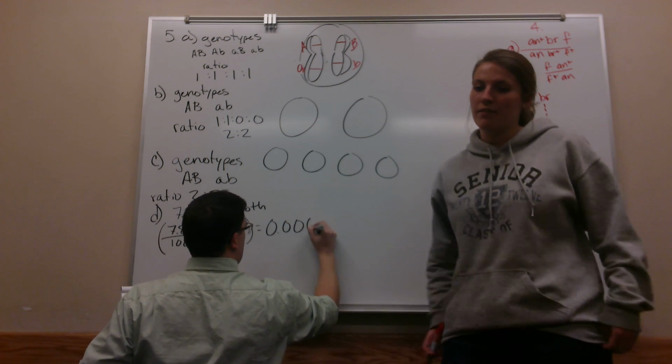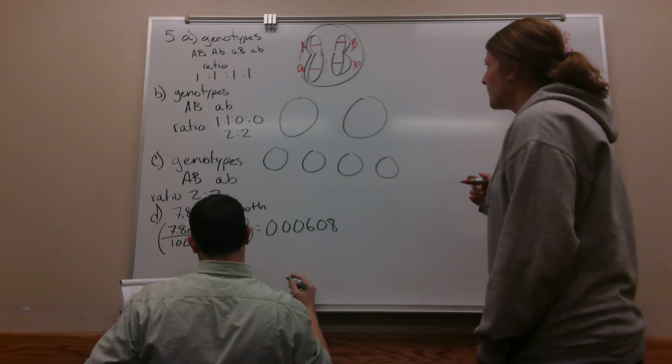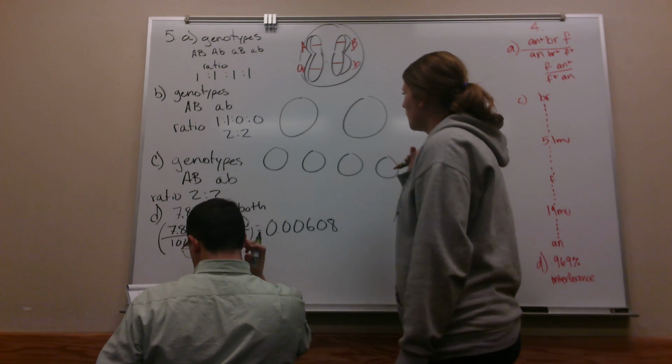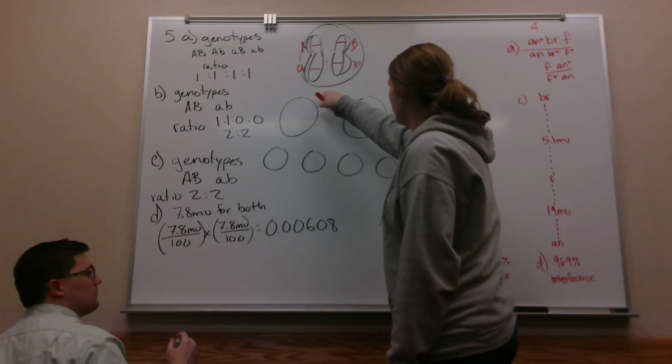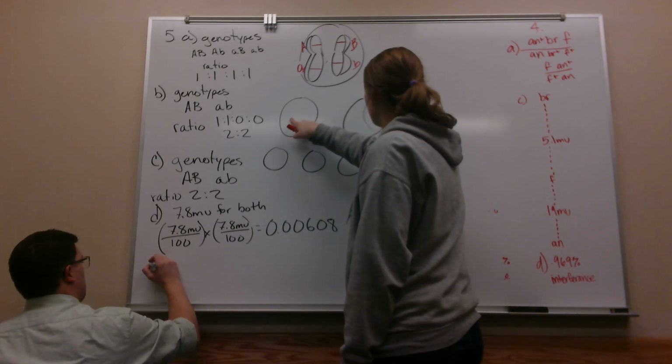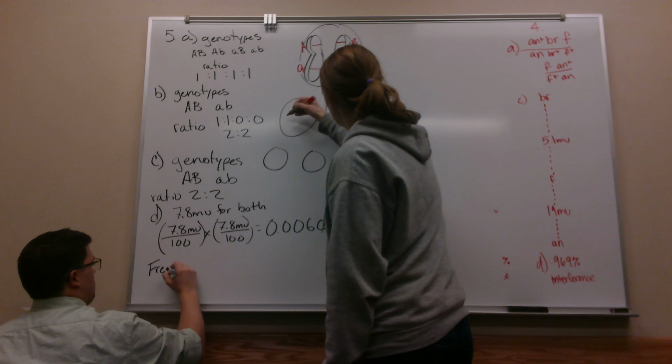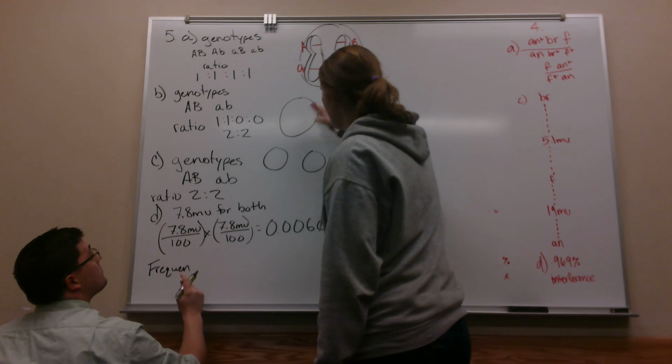What is the frequency of each of these gametes? And so when you go through and you cross these, here it would be A, B, and AB.